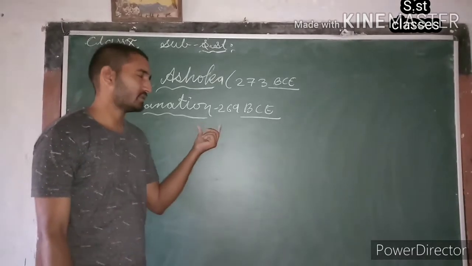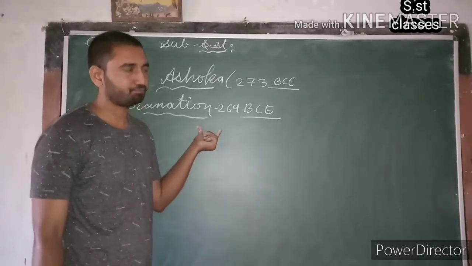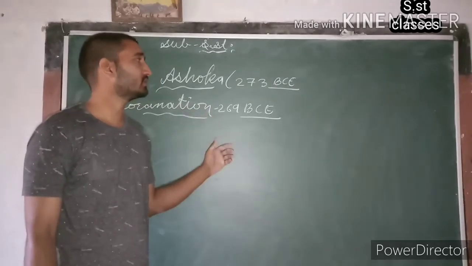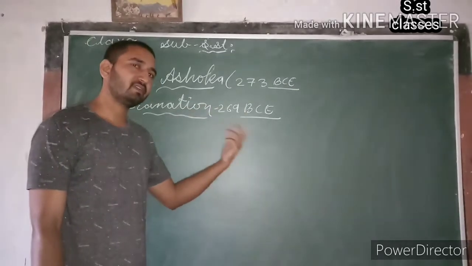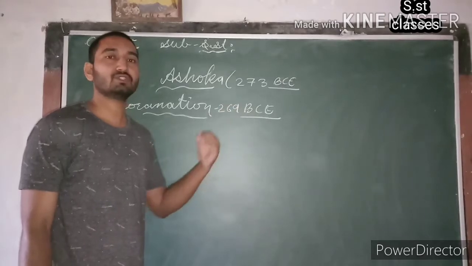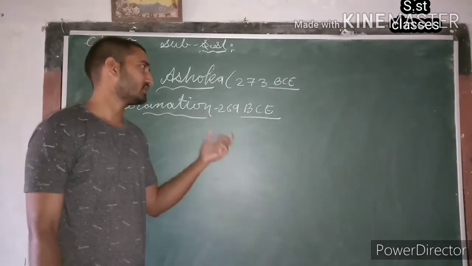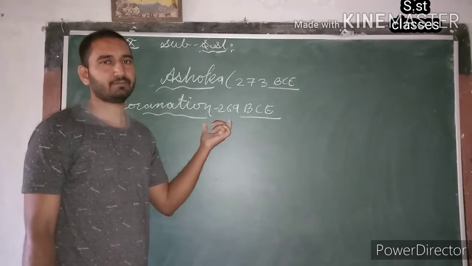Because most of the incidents related with the life of Ashoka, we will find with the mention like in the 8th year of coronation, 7th year of coronation, 10th year of coronation, 20th year of coronation. So for that we have to keep all these things in our mind.